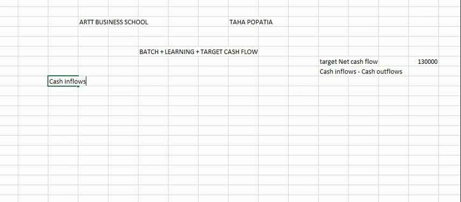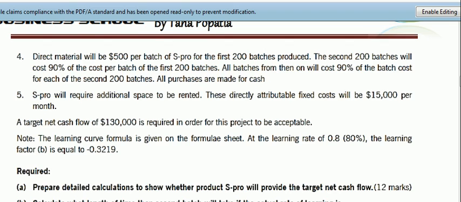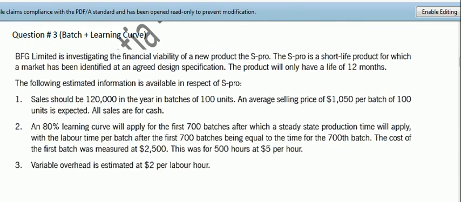Cash inflows will obviously be the sales revenue that we generate from the sale of the products we are selling. Moving on to point number 1, and now writing down all the information. Point number 1 says that the sales should be 120,000 units in the year in batches of 100 units, with an average selling price of 1050 per batch. All sales are for cash.